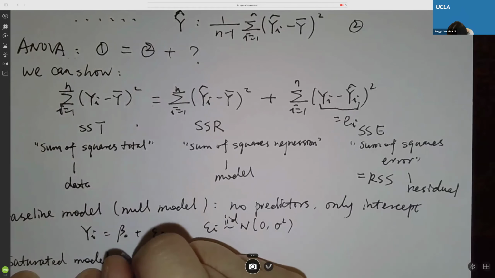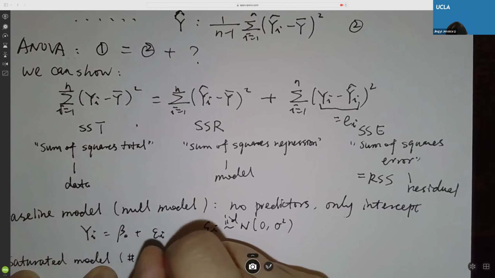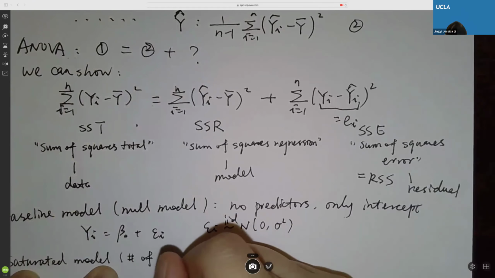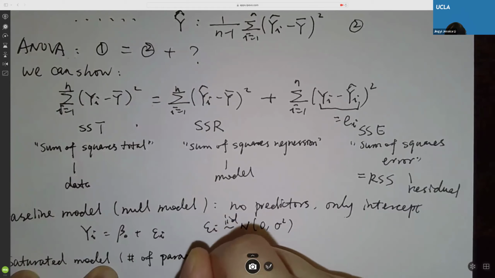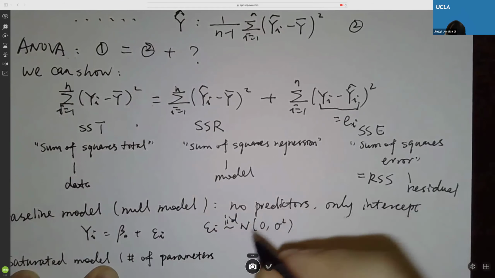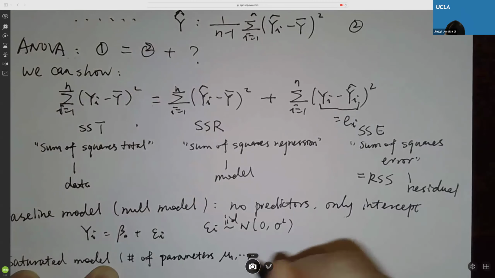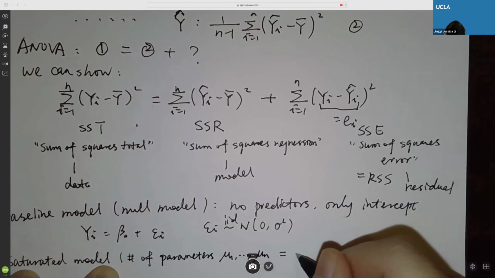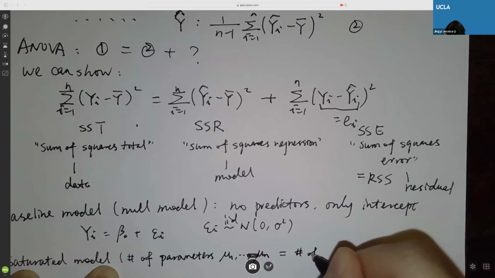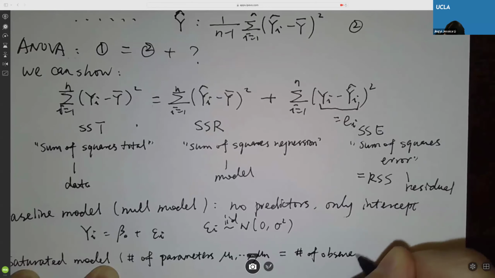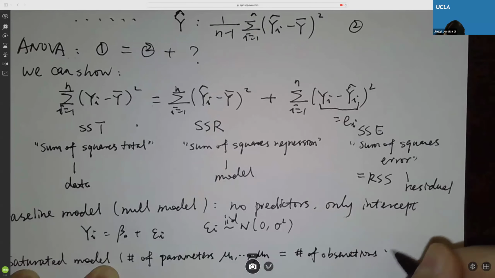So the number of parameters, mu1 to mu(n), equals the number of observations, y1 to yn.